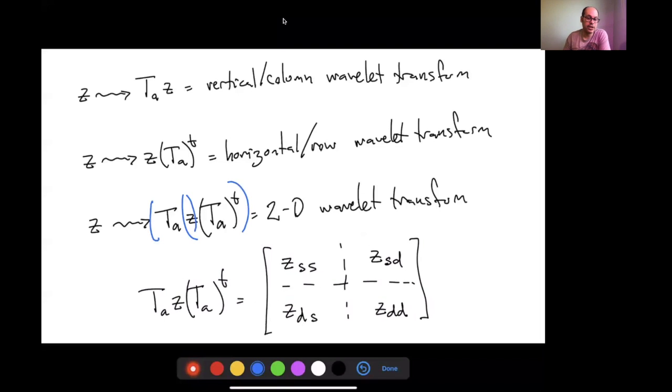Now, finally, you put these things together, and this gives us the two-dimensional wavelet transform that takes a matrix Z and outputs this matrix that you can think of as a bunch of blocks corresponding to the trend, detail, trend, detail parts of our two-dimensional transformed signal.